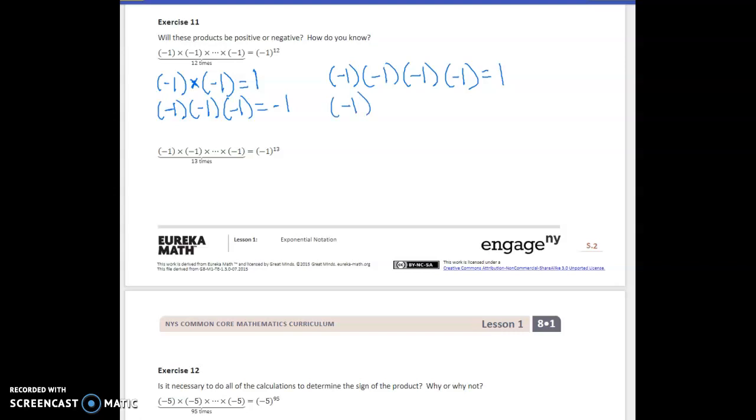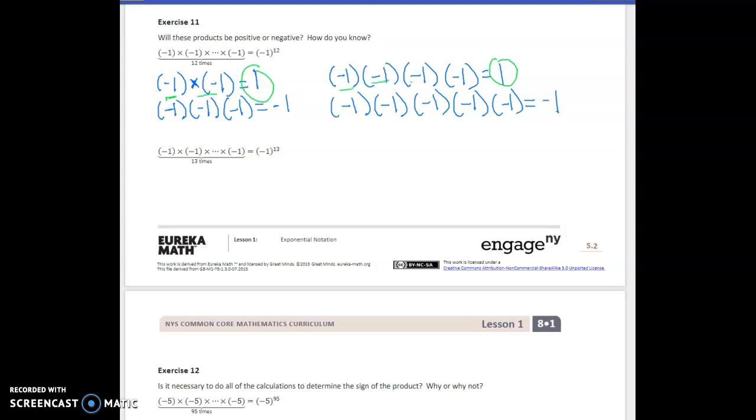Or 5 times. -1 times a -1 is +1. Even if you thought of this as -1 times -1, that's a +1. +1 times a +1 is a +1, times a -1 will be negative. So notice that when we get our positive answer over here, there were 2 bases.